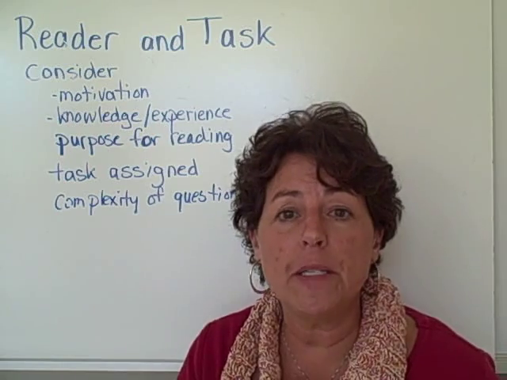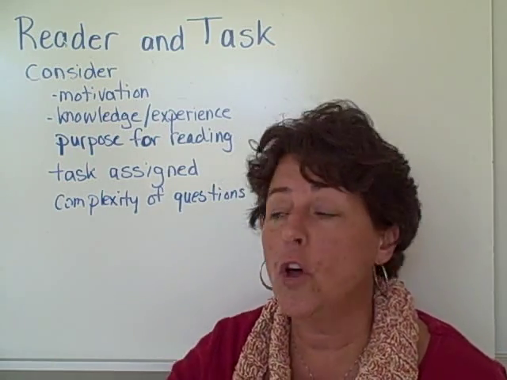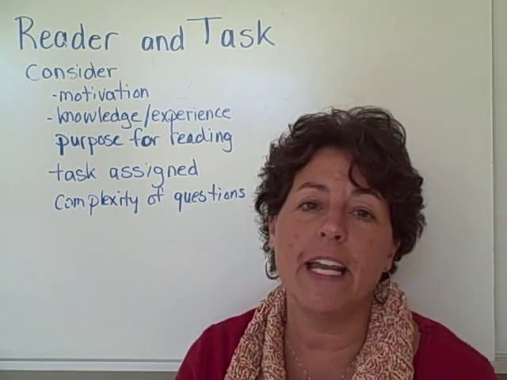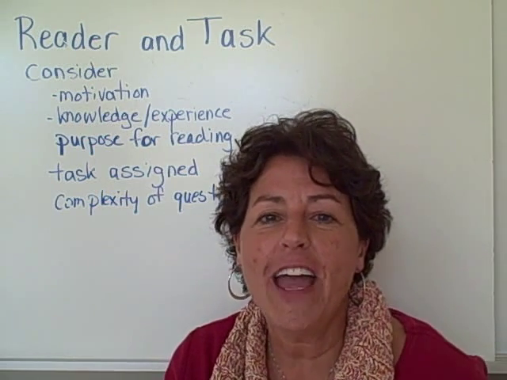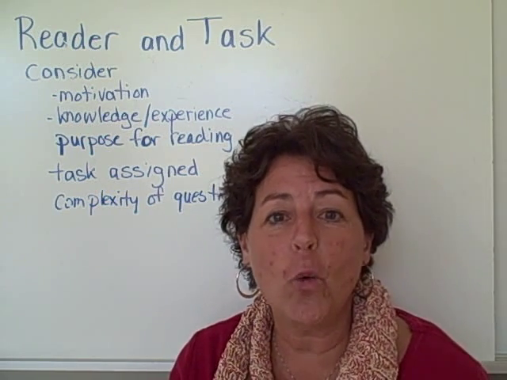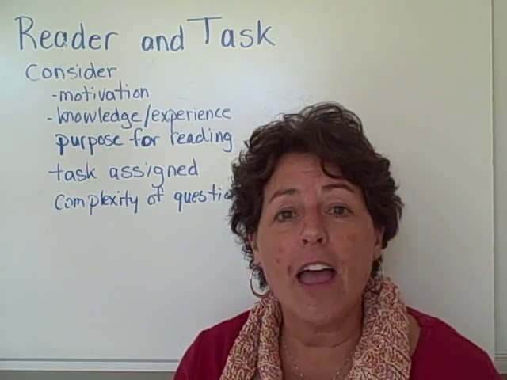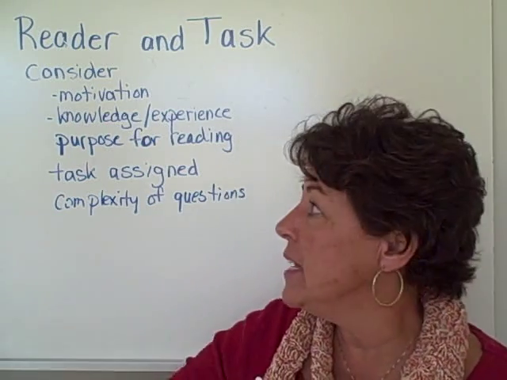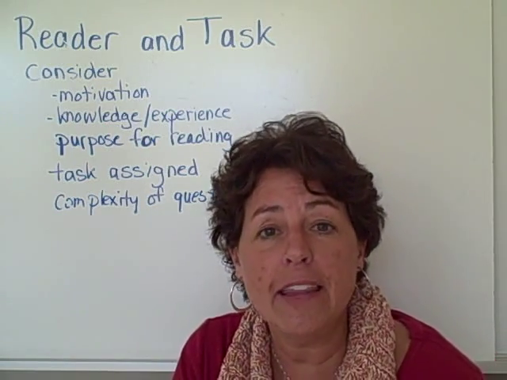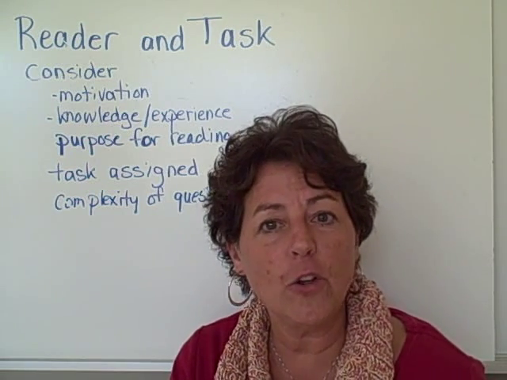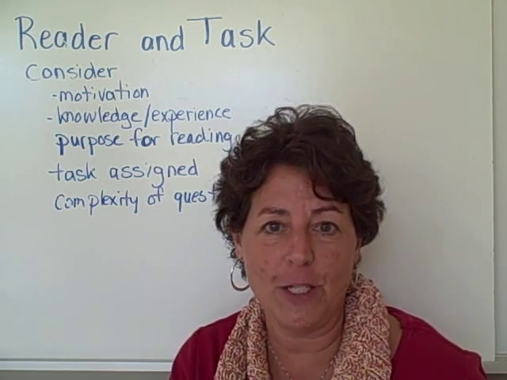So you have a discrepancy between the readability, the quantitative, and the qualitative. That's where you take into consideration the reader and the task, and the professional judgment of the teacher comes into place.